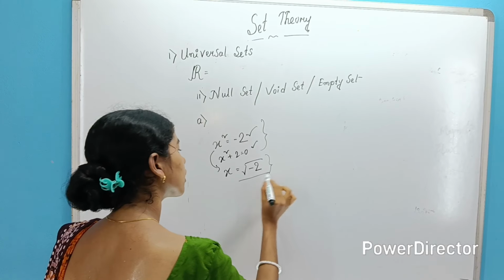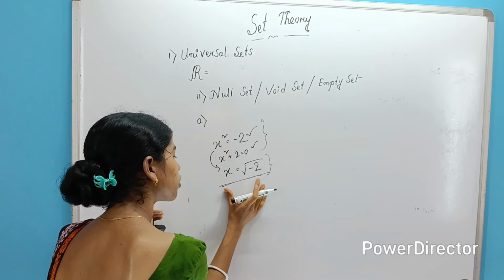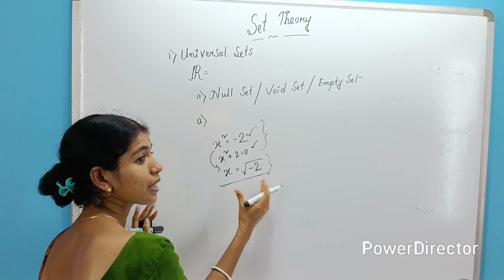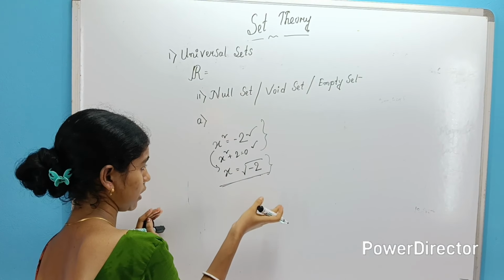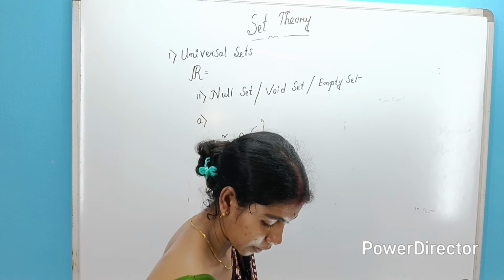So we don't have a solution in real numbers. In this equation the solution set in real numbers is the empty set, so this can be written as an example of an empty set.